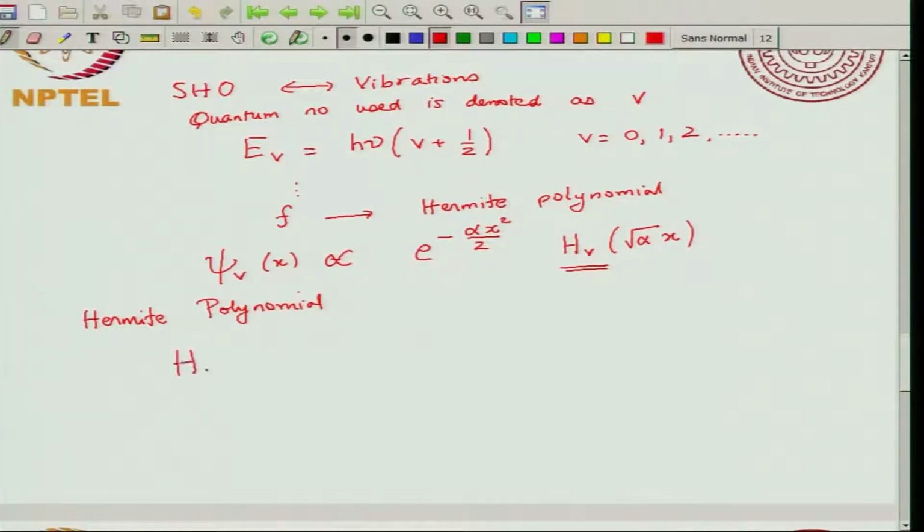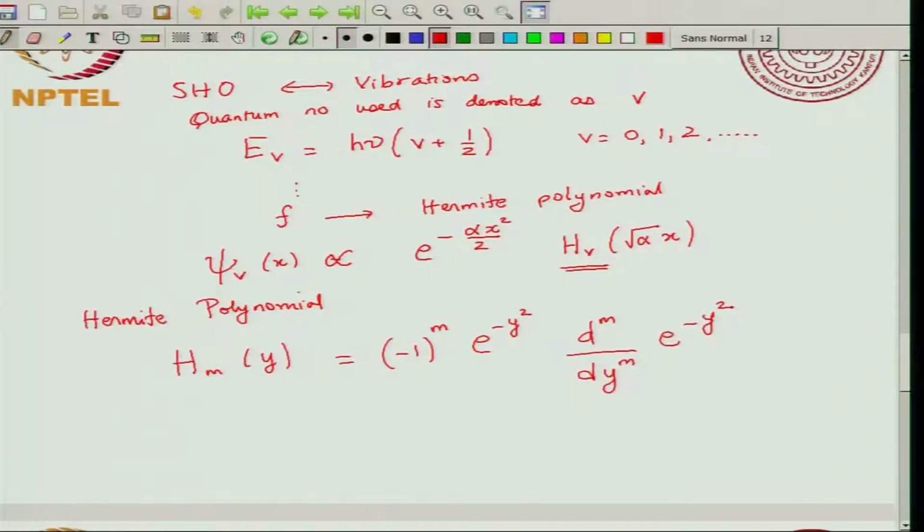If you take Hm of y, this is equal to minus 1 raised to m, e to the minus y square, d m by d y raised to m, e to the minus y square. This is how you define it.